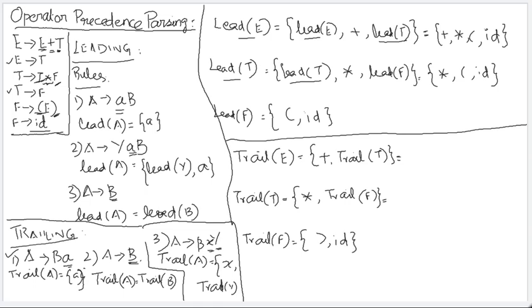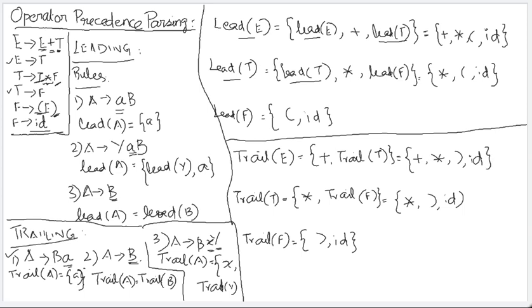Now substituting the trail of F and trail of T. So the trail of T is star, closing bracket and ID. Okay, now substituting the trail of T for E, we get trail of E is plus, star, closing bracket and ID.